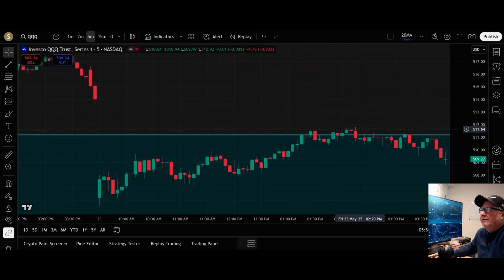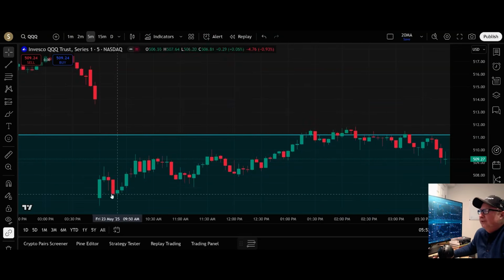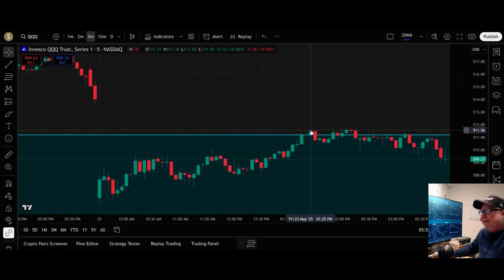So if you were wary in that 511 area, or if you took an ORB trade off the bottom and held it for a decent part of the day, then you would have been cautious around 511, right?